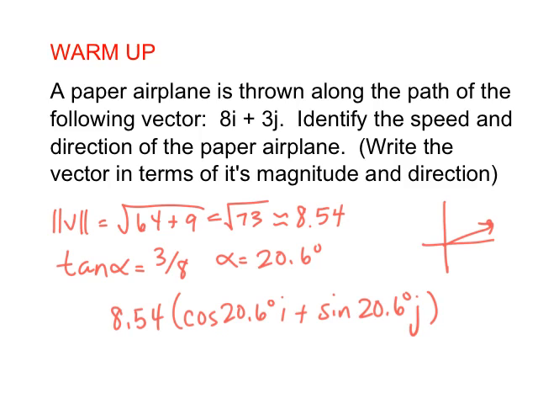Anytime we know the magnitude and an angle of a vector, we can write it in terms of its magnitude and its angle. One thing I left out was the units of this. So if it's speed, maybe it's miles per hour. This same idea is going to be used on three-dimensional vectors.